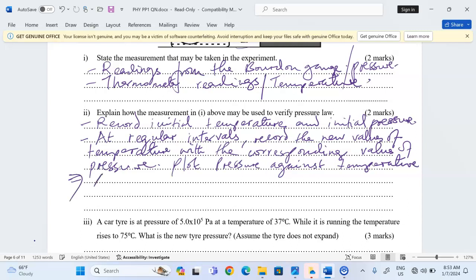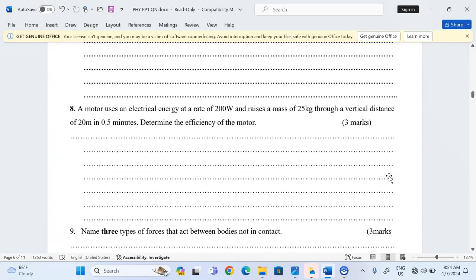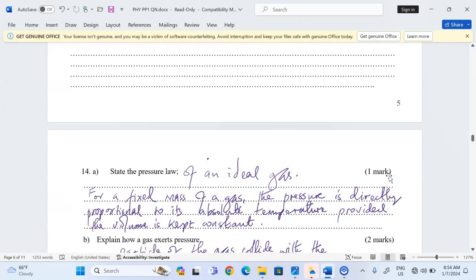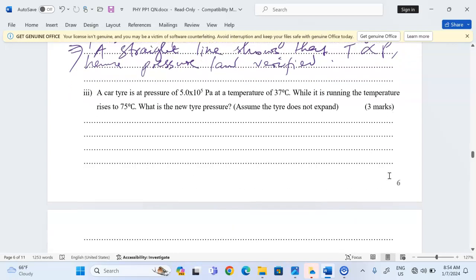Then we note that a straight line shows that temperature and pressure are directly proportional. Hence, the pressure law is verified.